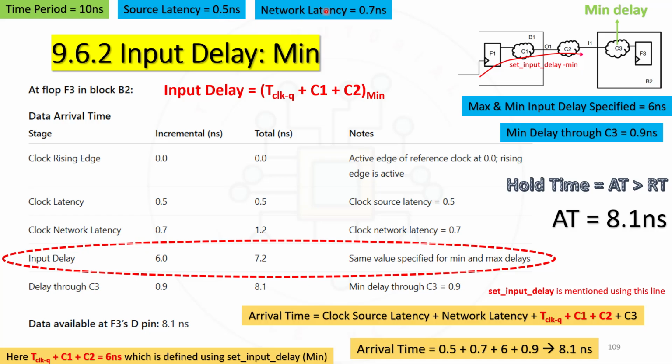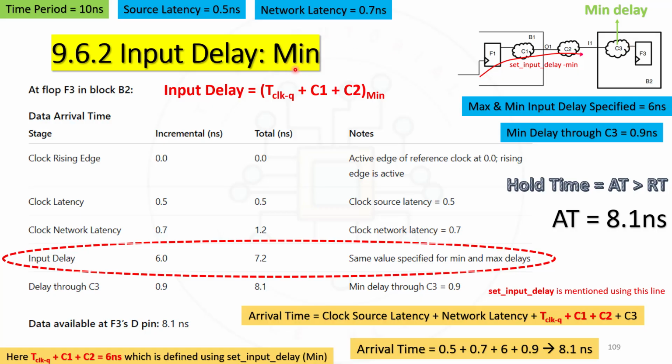Source is 0.5, network latency is 0.7. So substitute 0.5, 0.7. Next it is 6, which is clock to Q delay followed by C1 plus C2, which is the min value, and next combo delay C3, which is also a min value, that is 0.9. So if we substitute all this, we will get arrival time as 8.1 nanosecond. Means from this point to the data pin of flop F3 it is taking 8.1 nanosecond.